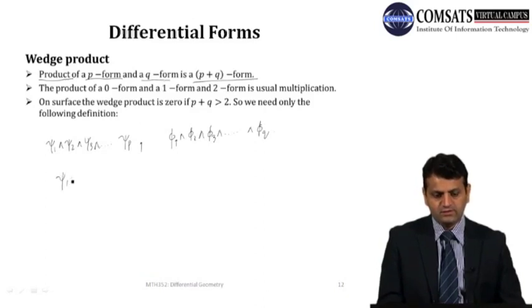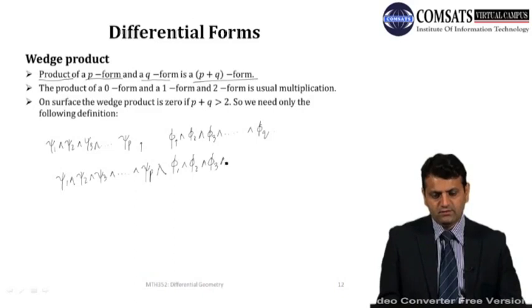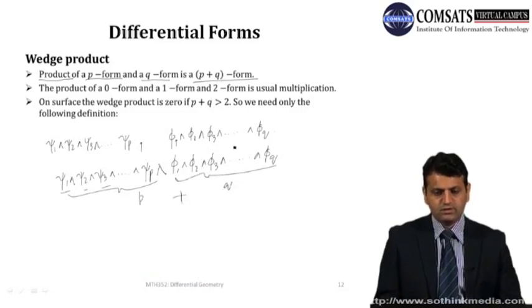So what is the wedge product? Psi1 psi2 psi3 wedge dot dot wedge psi p, wedge product with phi1 phi2 phi3 wedge phi q. So आप काउंट कर सकते हैं 1 2 3, ये हमारे पास p हो गया और ये हमारे पास q हो गया. So this is p plus q. So the product of a p form and a q form is a p plus q form.